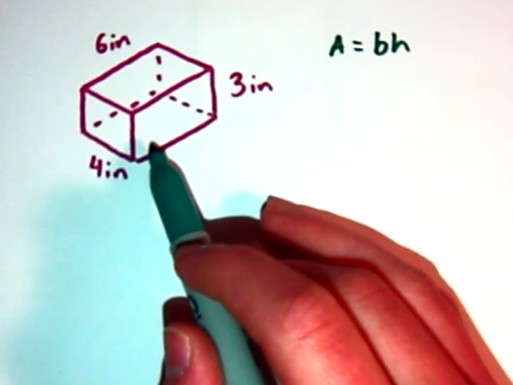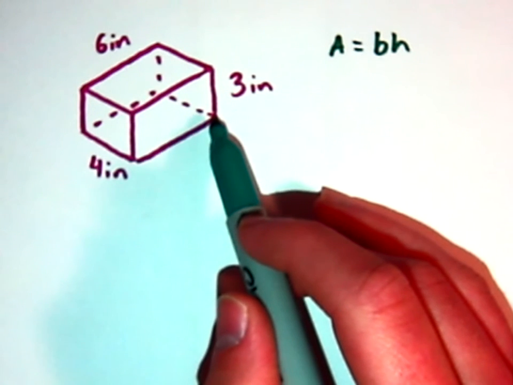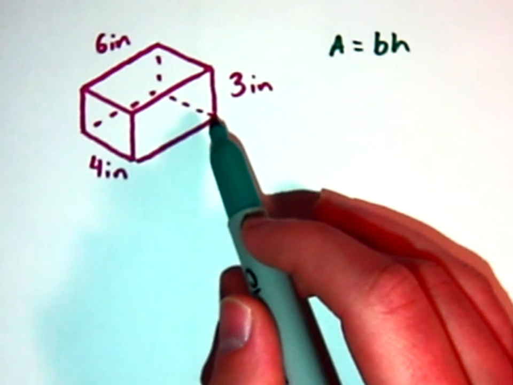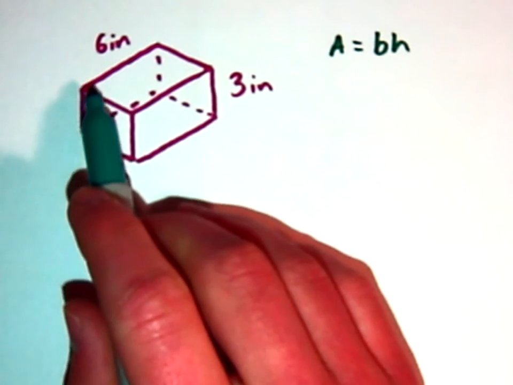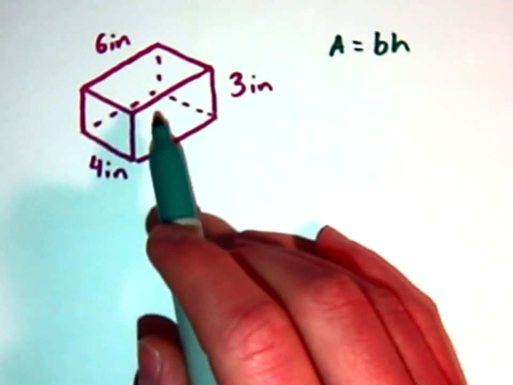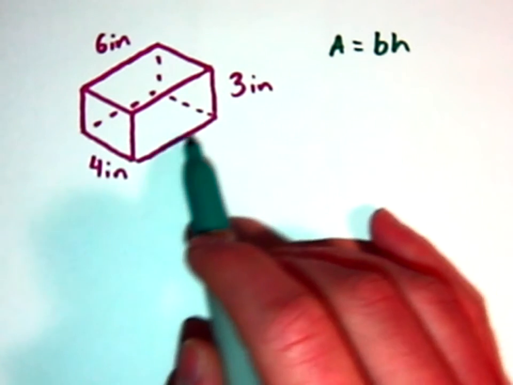What are the dimensions of this? Well, you need to look at the figure and find where this dimension is. They're going to give you enough information to solve it. So what do we need to do? Well, this is 6 inches right here, okay? Then that edge is going to be 6 inches. This edge is going to be 6 inches.